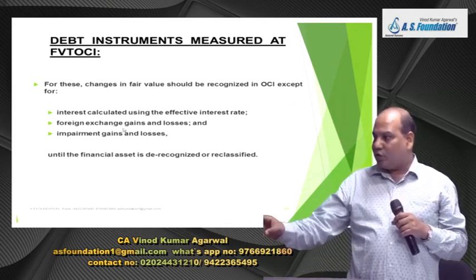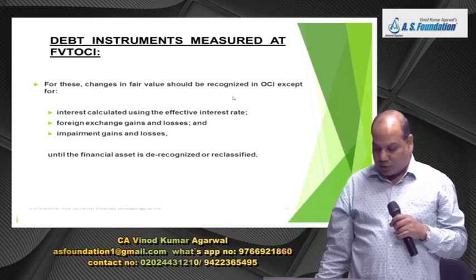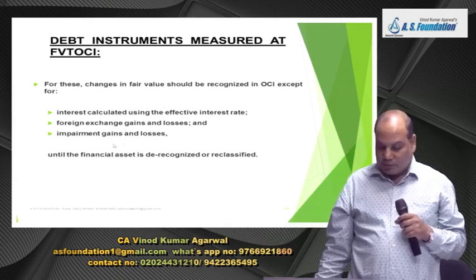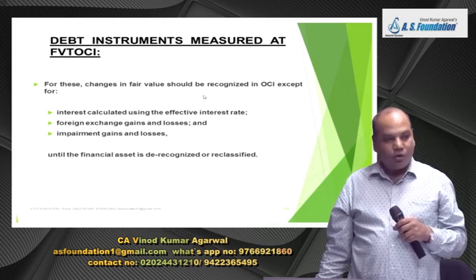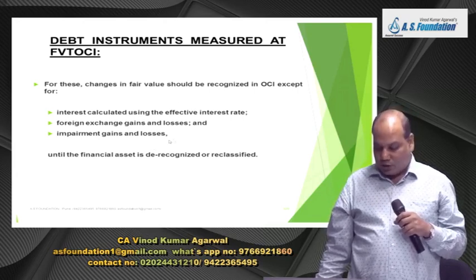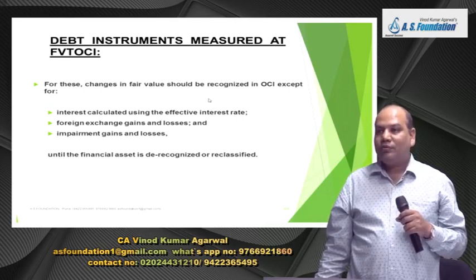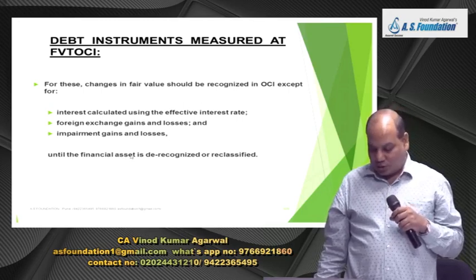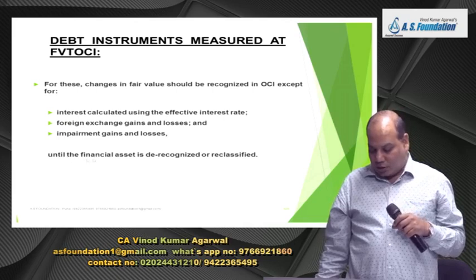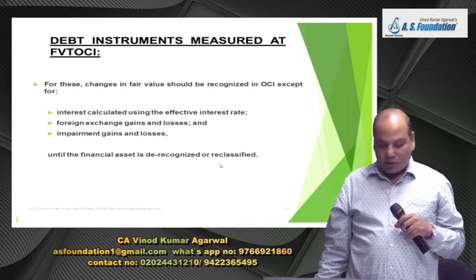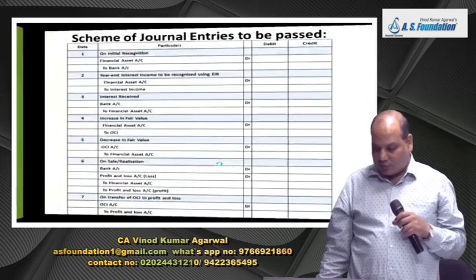Foreign exchange gain and loss will be transferred to P&L account in this case of debt instrument. An impairment gain or loss on debt instrument, P&L account. Only the change in fair value will be routed through OCI until the financial asset is derecognized or reclassified.